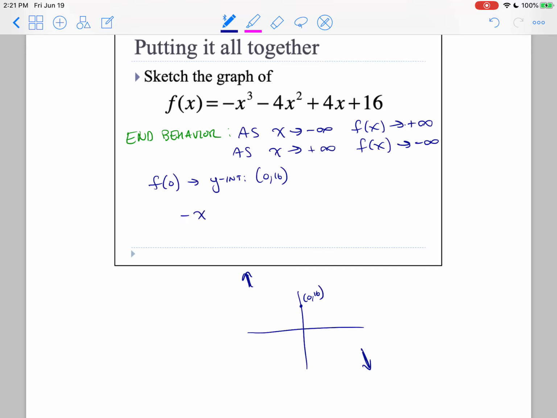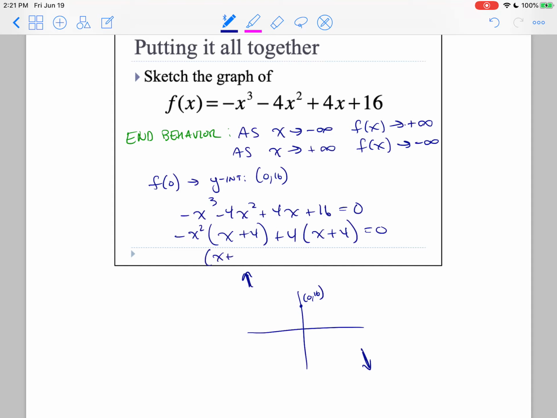So I'm going to set negative x cubed minus 4x squared plus 4x plus 16 equal to 0. I'm going to group here because I have 4 terms, so I'm going to factor out a negative x squared out of the first 2 terms, and that leaves me with x plus 4. I'm going to factor a 4 out of the second 2 terms, which leaves me with x plus 4.